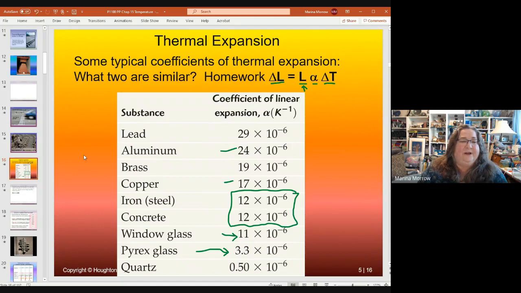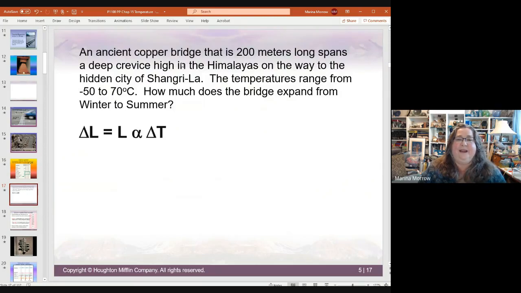Okay, so we're going to do a problem similar to the ones that you would have in your homework about an imaginary copper bridge that is 200 meters long up in the Himalayas, where the temperature range is -50 to 70 degrees Celsius. How much does the bridge expand from winter to summer?